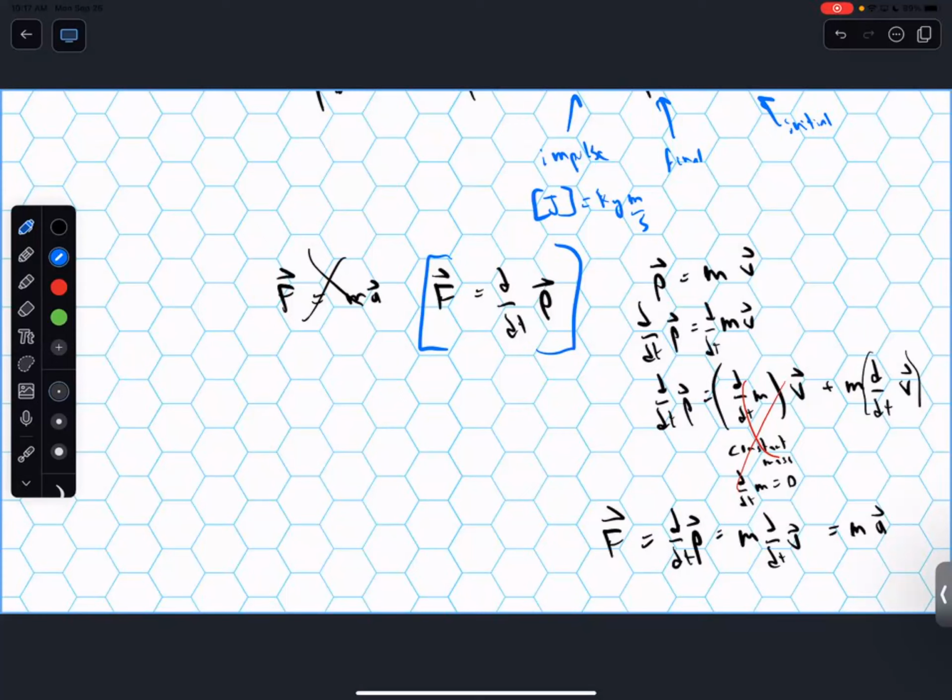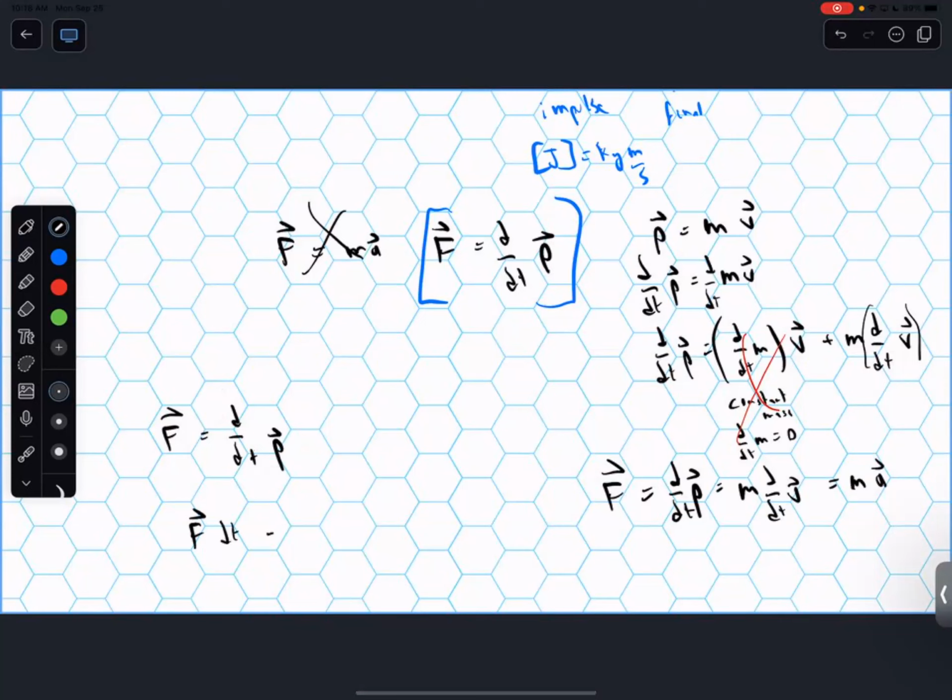If I want, I can solve this out by moving the dt over there and keeping the d and the p on that side. So I write F vector dt equals dp. All I've done is move the bottom part over.